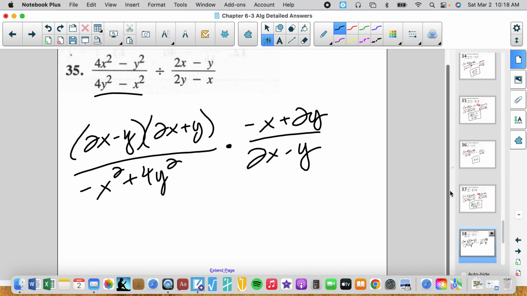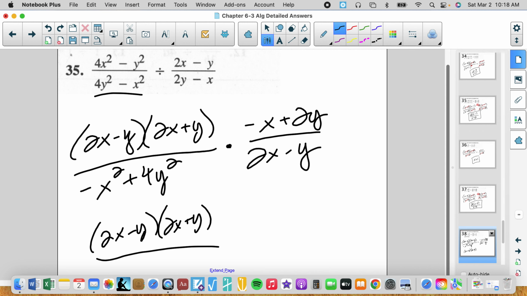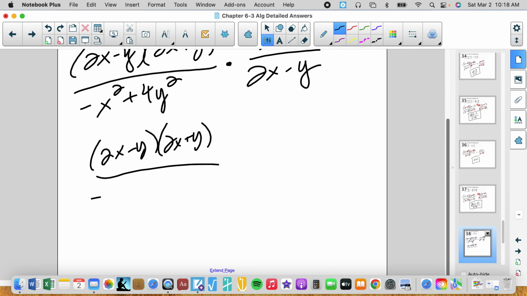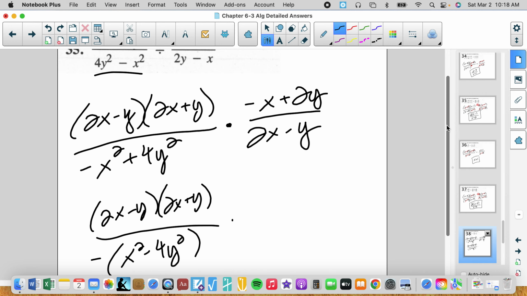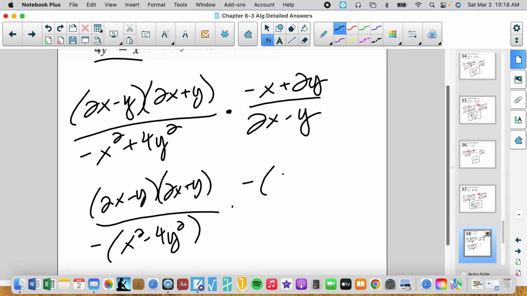And I'm going to take out these negatives because I always want to be a stickler about the negative in standard form. So I'm going to factor out a negative. I get x squared minus 4y squared. And then I'm going to factor out that negative, and we get x minus 2y over 2x minus y.